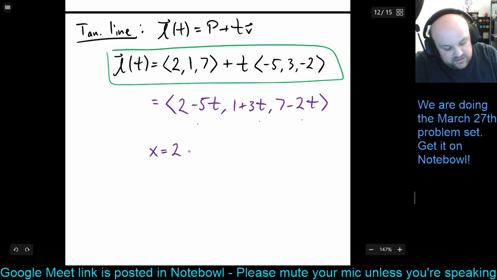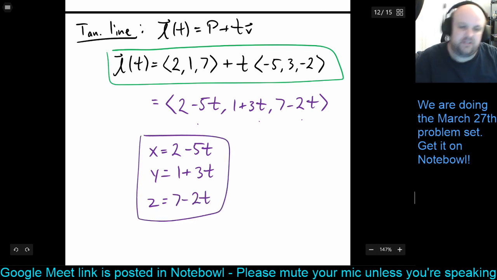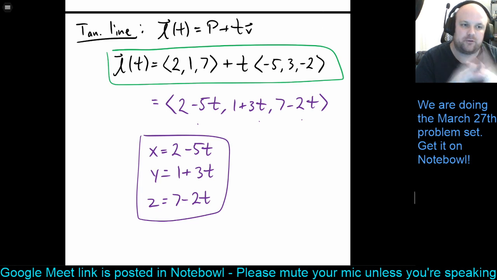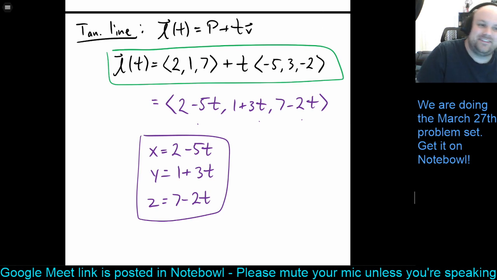So x is 2 minus 5t, y is 1 plus 3t, z is 7 minus 2t. It's kind of the same form we were looking at for the solution to a system of equations before we split it up into those vectors. I honestly think this is always the better way to look at it, but what I think is better and the ways WebAssign wants the answers aren't always the same thing.